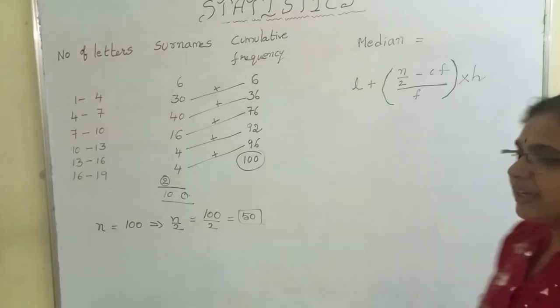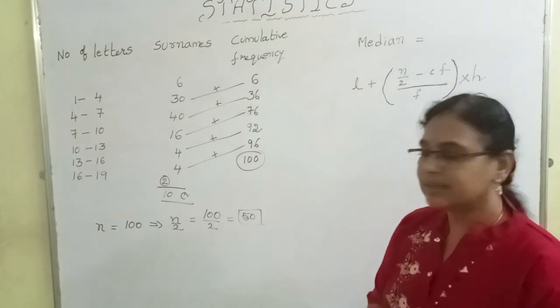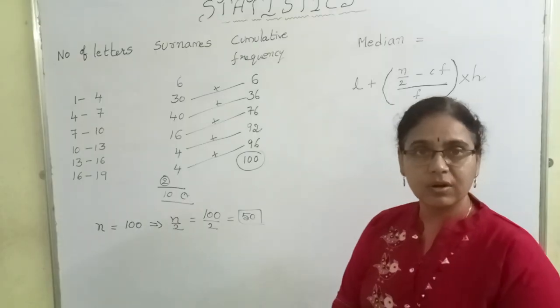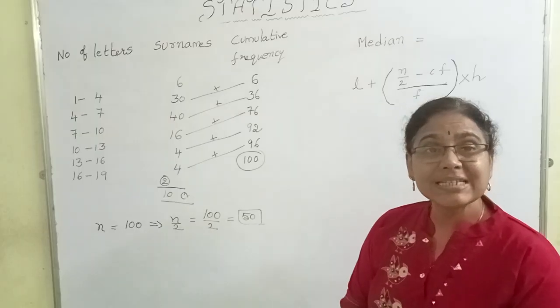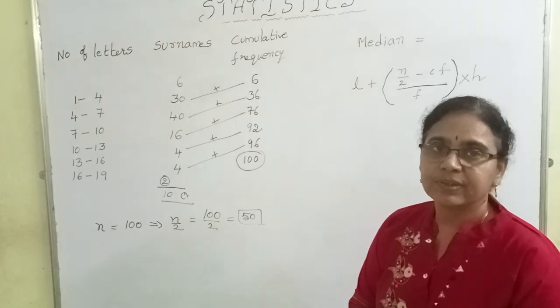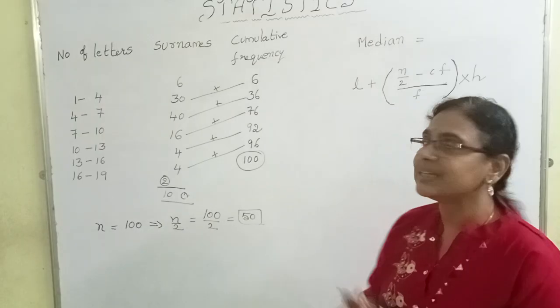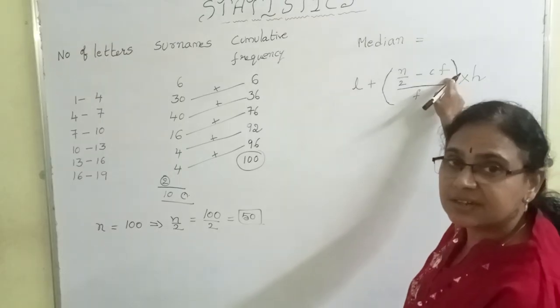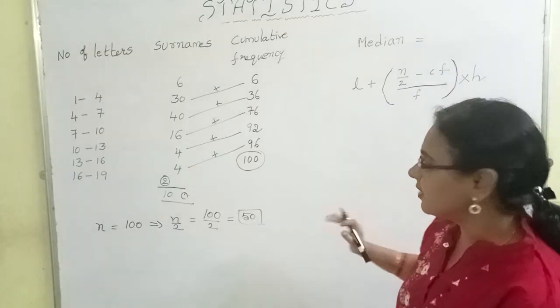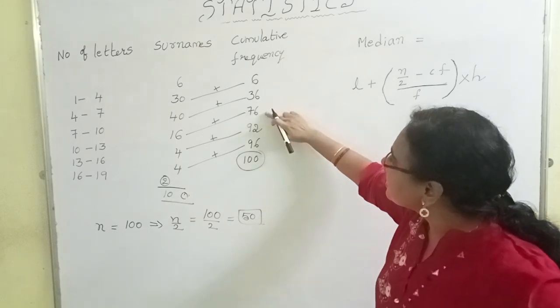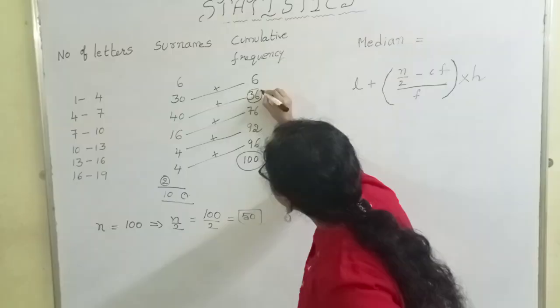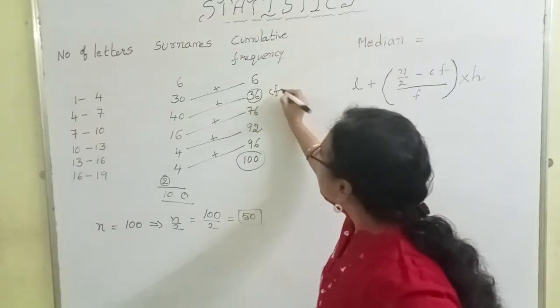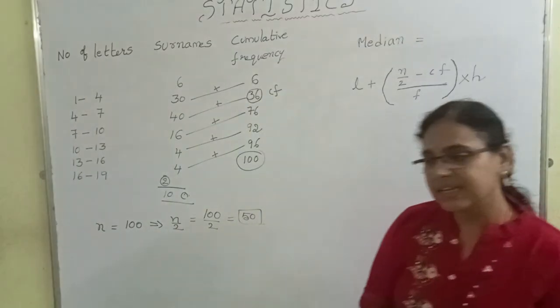Now we require all the remaining numbers. See here, n by 2 we got 50. In the cumulative frequency, the number which is less than 50, that number we have to take as CF. Here CF, did you observe? Yes, that's CF, less than 50. Which number is there? Less than 50 means it's 36. So this 36 we have to take as CF.